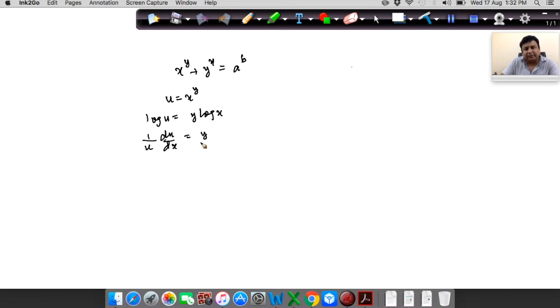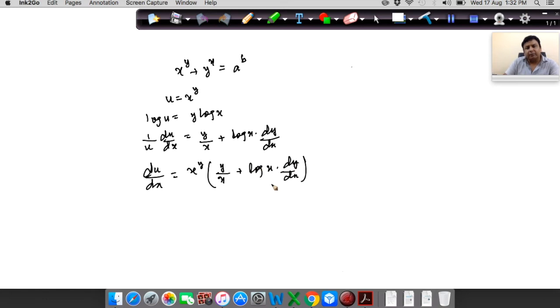So y as it is, differentiation of log x, plus log x as it is into differentiation of y, which is dy by dx. So du by dx you got as u, that is x to the power y, into y by x plus log x into dy by dx.